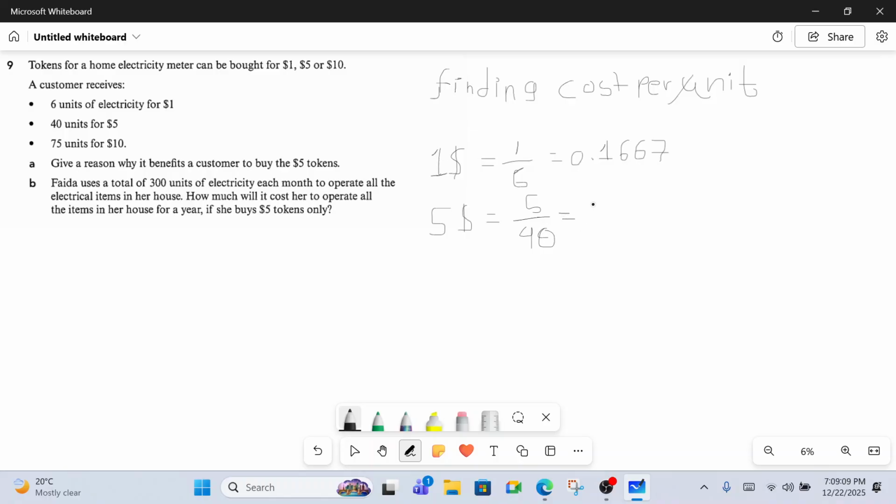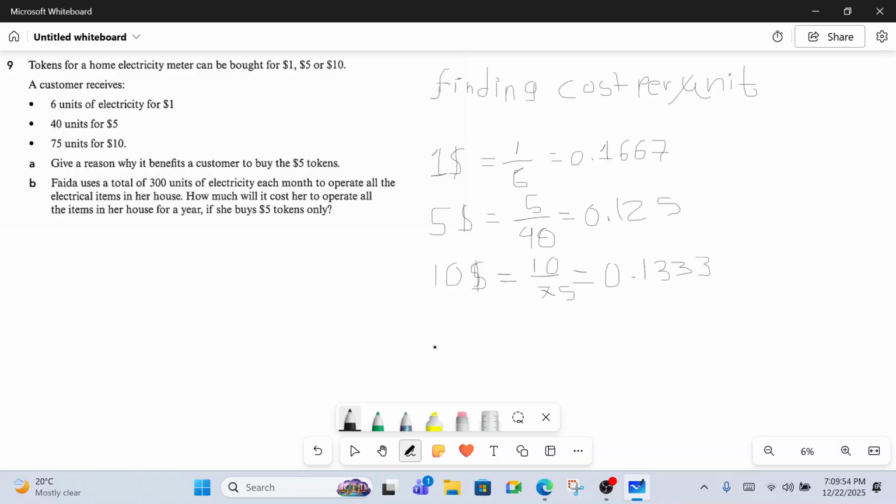It should give us a value of 0.125, and a $10 token equals 10 divided by 75, which equals 0.1333.